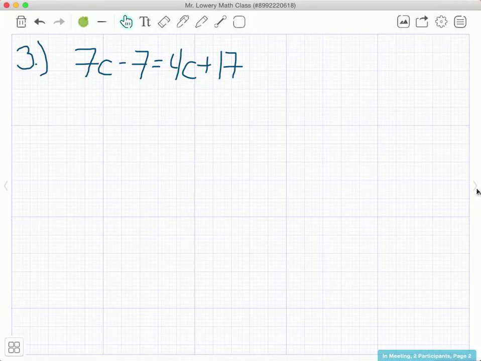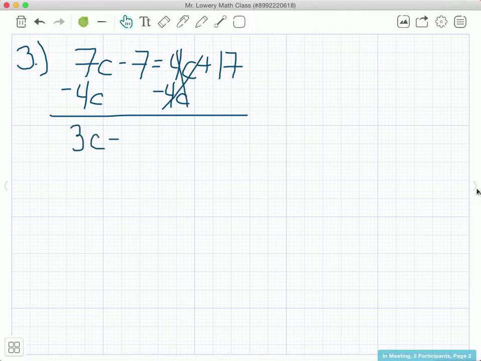So we have to move 2 things instead of just moving 1 thing, or do 2 inverse operations instead of just 1. We'll start off by moving the variables to one side. So I'll subtract 4c from this side, subtract 4c from the other side. These cancel, and I have 3c minus 7 is equal to 17.